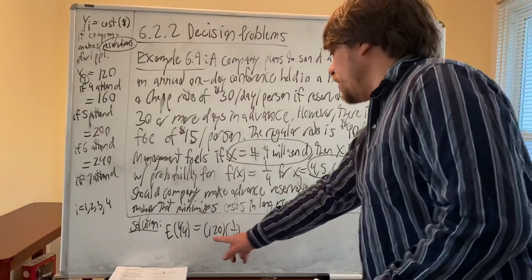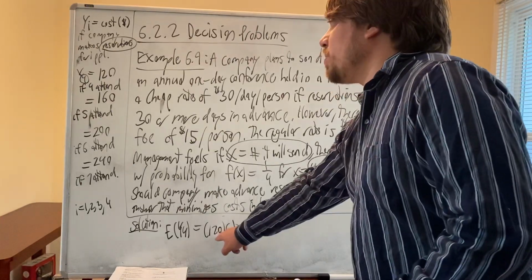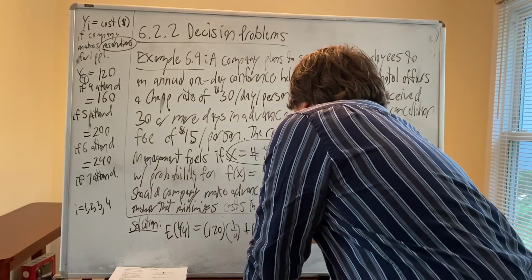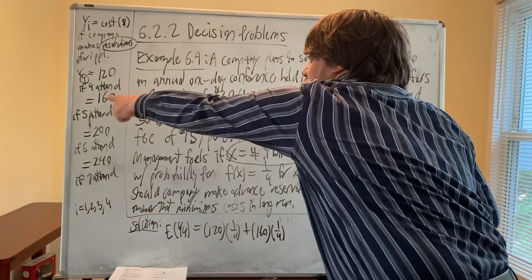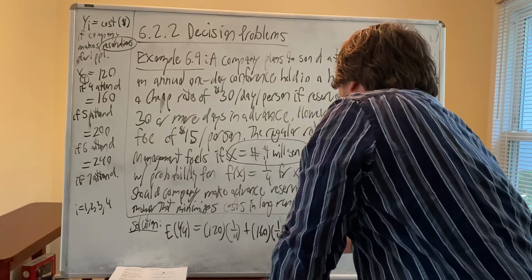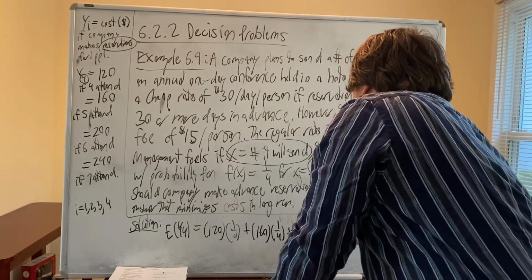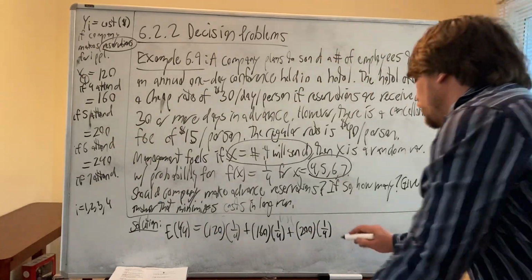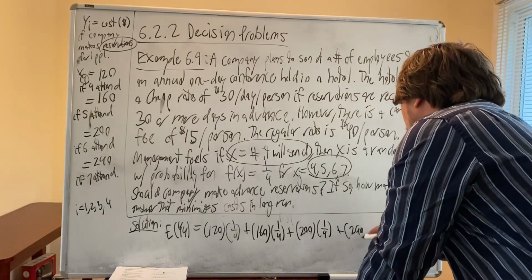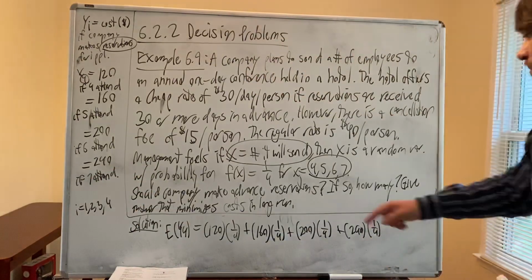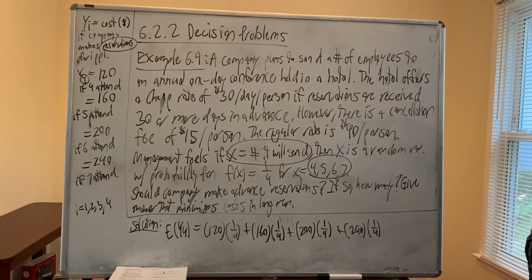There's a 1/4 chance 4 people attend, and it costs the company $120. There's a 1/4 chance that 5 people attend, and it costs $160. There's a 1/4 chance that 6 people attend, and it costs $200. And there's a 1/4 chance that 7 people attend, which costs $240.